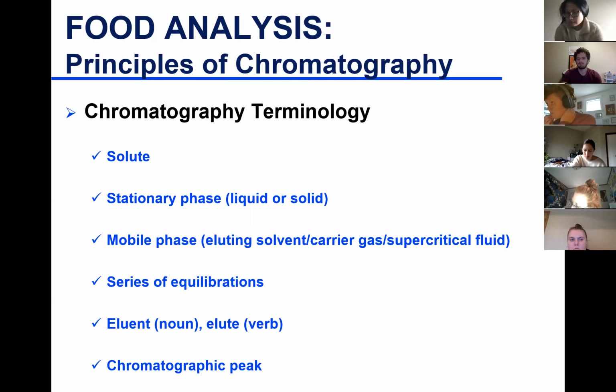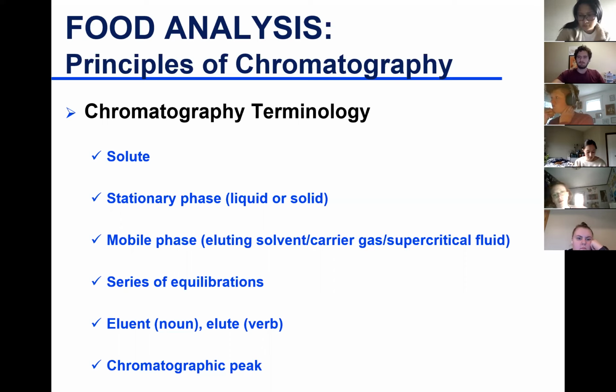We can call the mobile phase, you can also hear the terms eluting solvent, carrier gas, or supercritical fluid. Eluting is similar to moving out of the column. That process of leaving the column, or moving along and leaving the column, is called eluting. So if you have a liquid, you would hear the eluting solvent. If it is gas chromatography, we call it carrier gas.